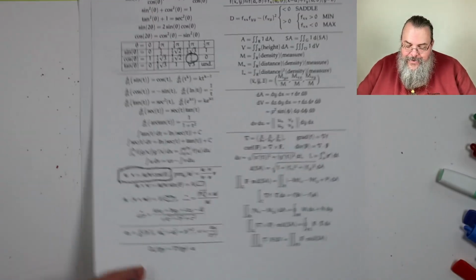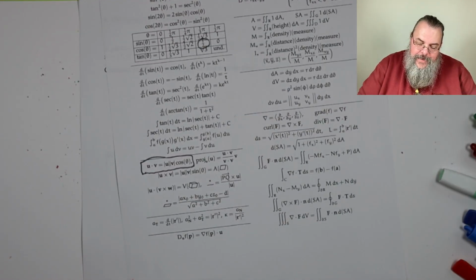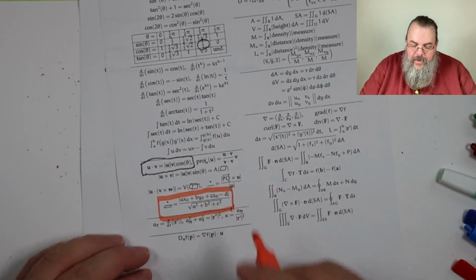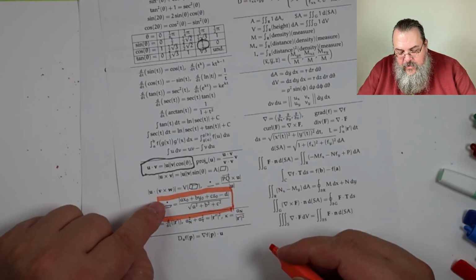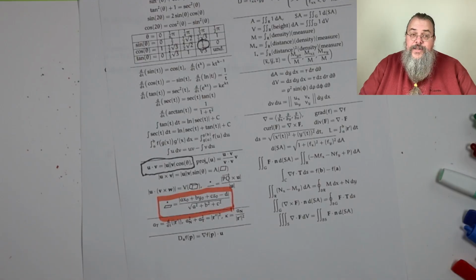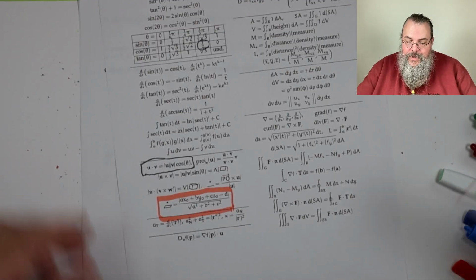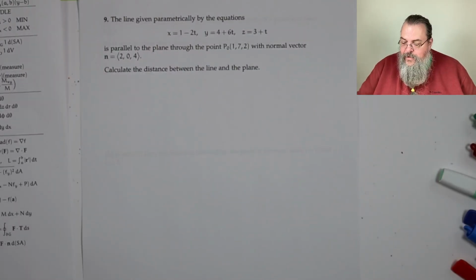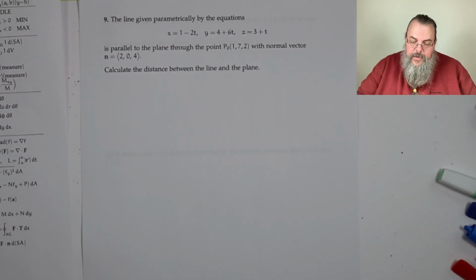Well, wouldn't you know, we have our nice formula down here. And you see it says there's a little dot and a little plane. So that's point to plane. And it says, hey, here's how you find the distance from point to plane. So it's like, that's going to be easy. So we need to write down our plane.